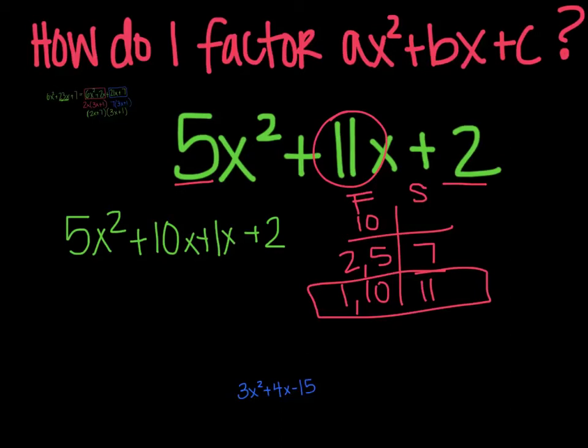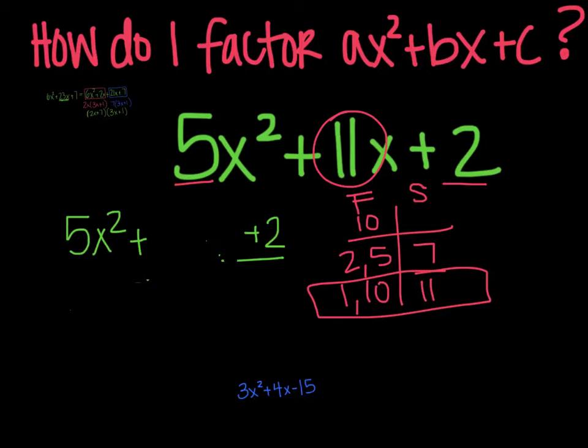If I write it out this way, I would factor out a 5x, which would give me x plus 2. But then when I go to factor out this, there isn't really anything that's helpful. So I'm going to have to rewrite it the other way instead, so that it's more useful.